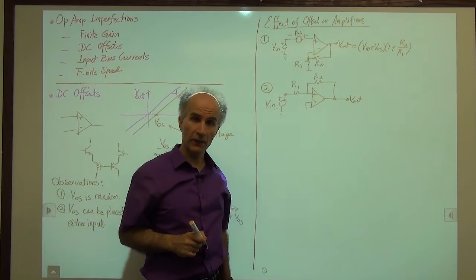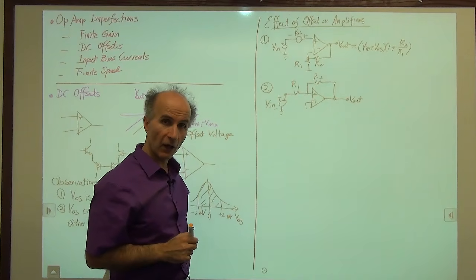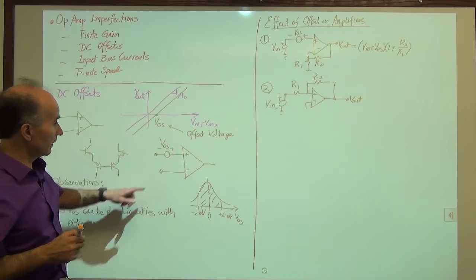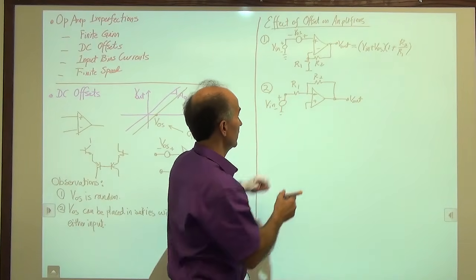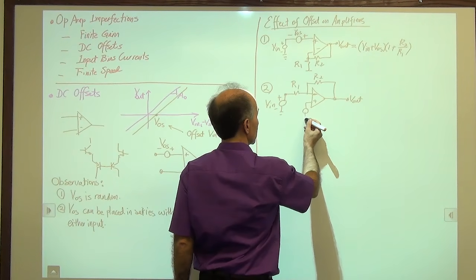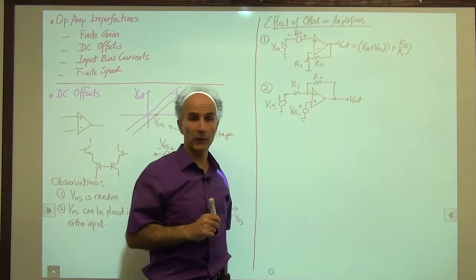That's our inverting amplifier. And we have to insert the offset voltage in series with one of these terminals. It seems to be easier to do it here on this side. So we'll add the offset here, VOS, and see what we get.